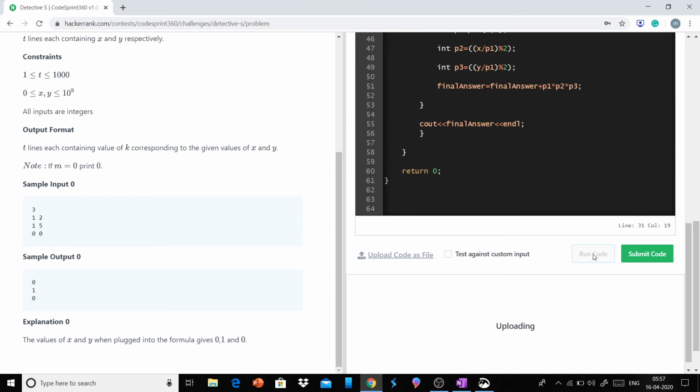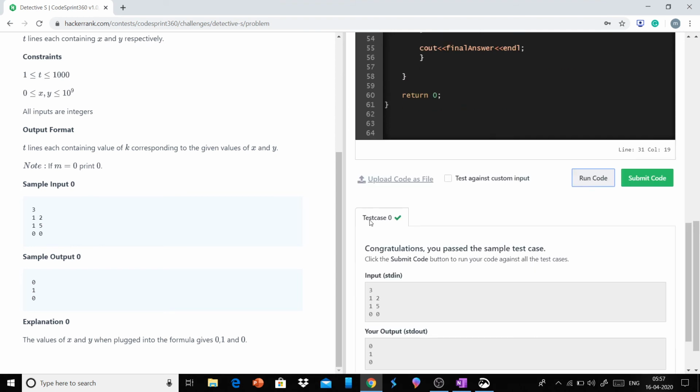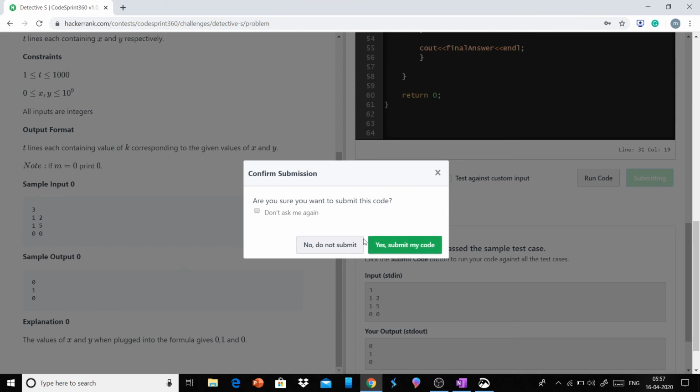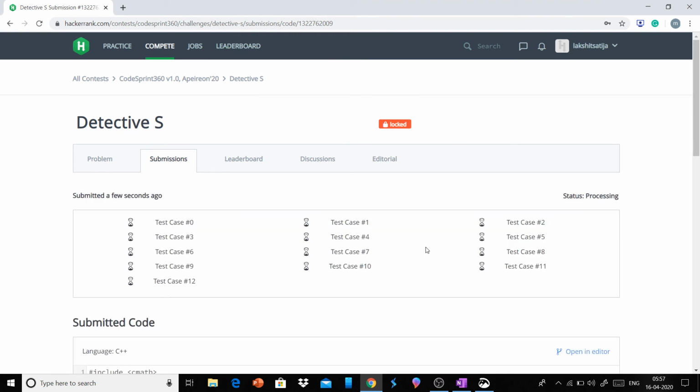Let me run this again. So our test case 0 is right. Let me just submit the code. So yes, I have scored a complete 10.